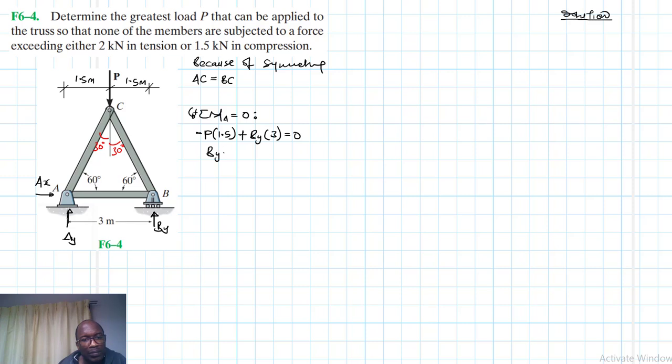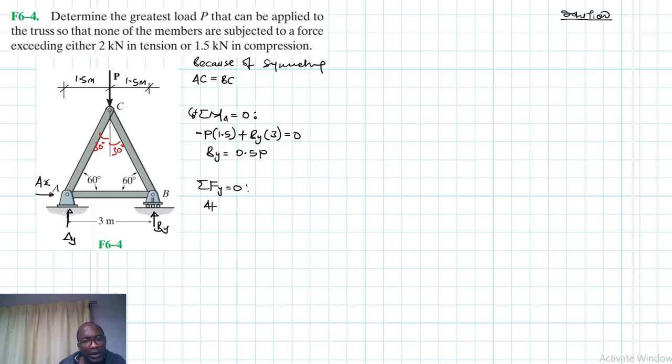And therefore our BY is equal to 1.5 P divided by 3. This gives us 0.5 P. And then we have summation of forces in the y equal to 0. What do we have?